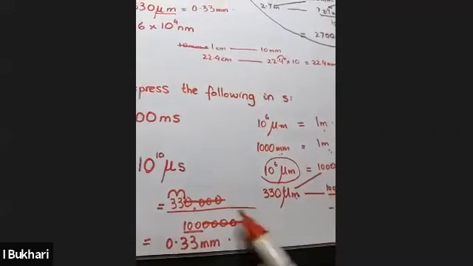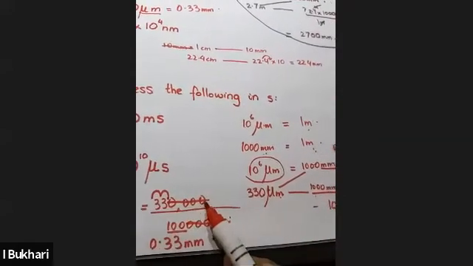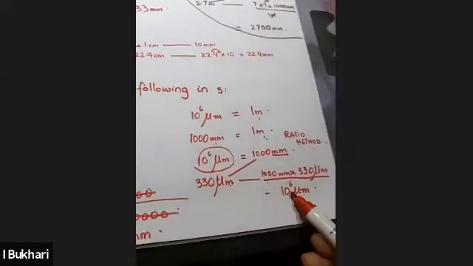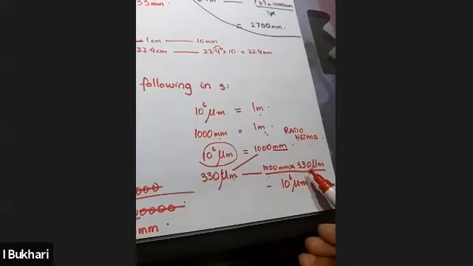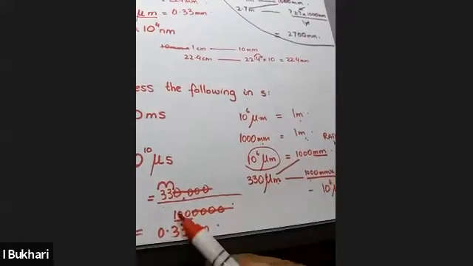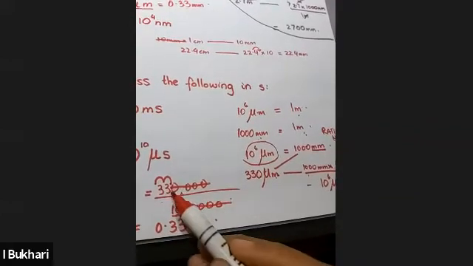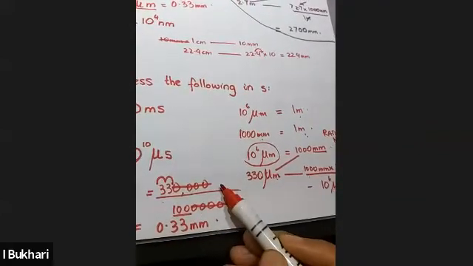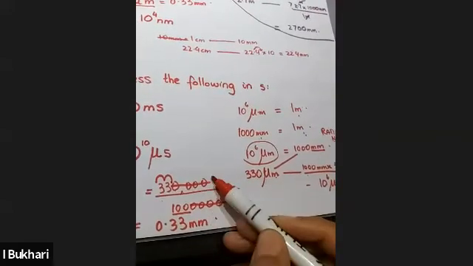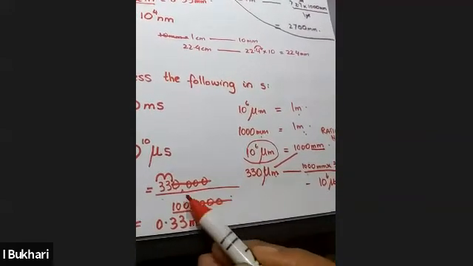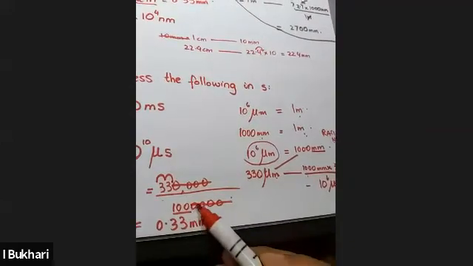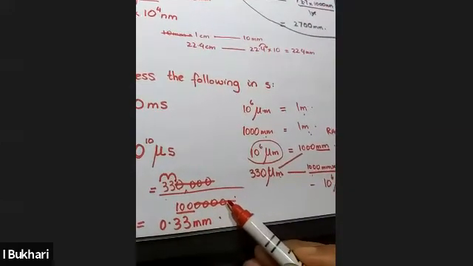330,000. So I wrote down 330,000 divided by 10 to the power 6. 10 to the power 6 means 6 zeros, okay? And there were 4 zeros on both sides. So I can easily cancel 4 zeros at the top as well as at the bottom, right?